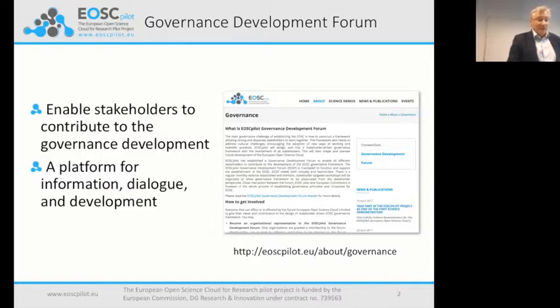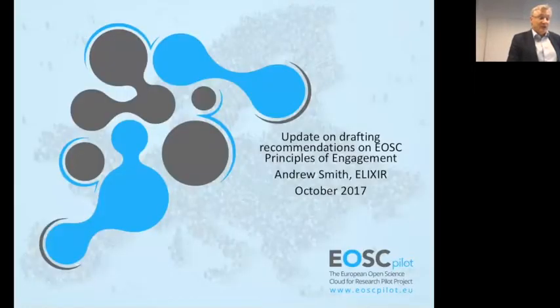Today we will focus on something we have talked about previously, the work on the governance framework. A part of this includes principles of engagement, which means how, for both service providers and users, to engage with what we believe is the European Open Science Cloud.